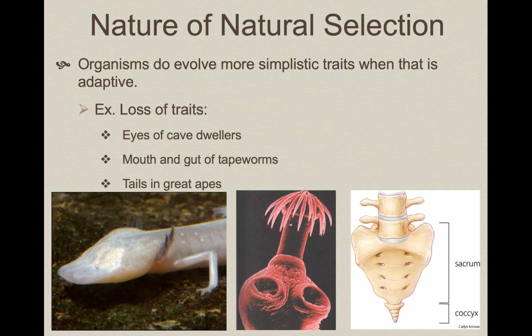And even in us, we don't need a tail. A tail is not relevant to our lifestyle, and so this has become a vestigial trait. Vestigial traits are great examples of simplification of a trait that is no longer functional and would actually be costly to produce.